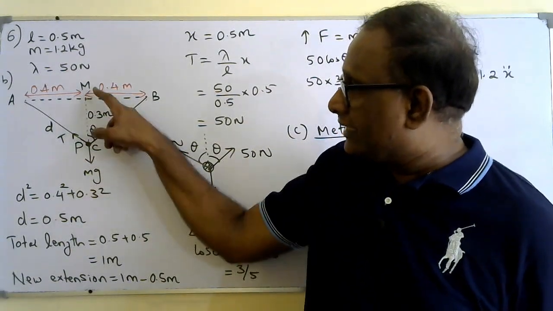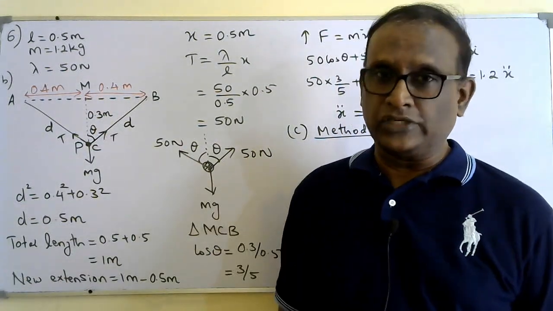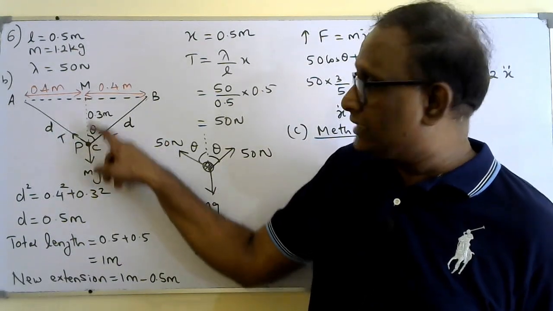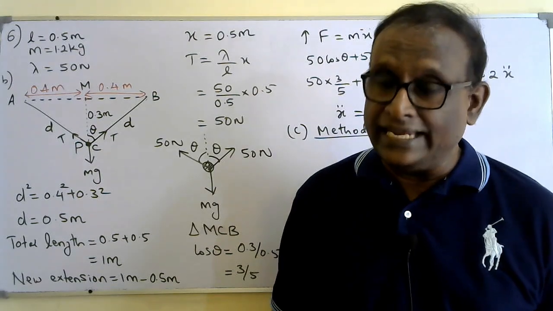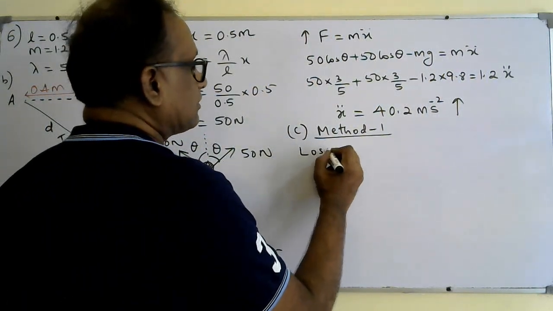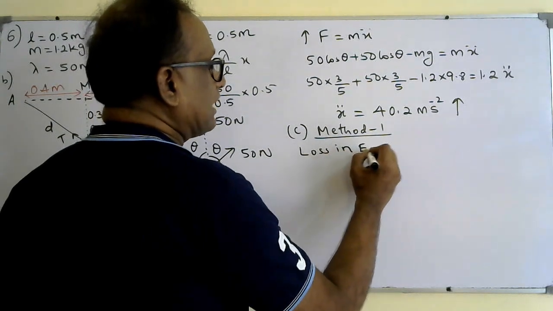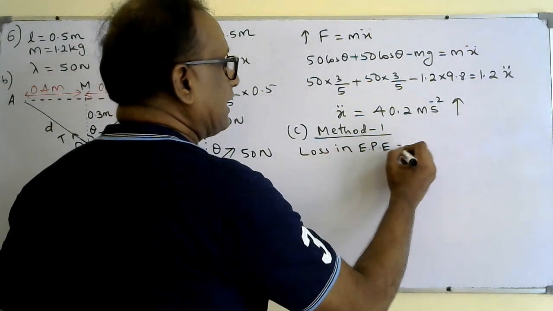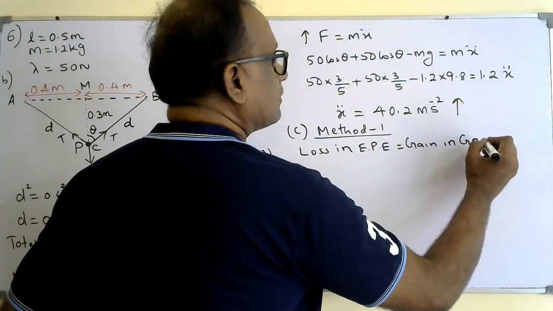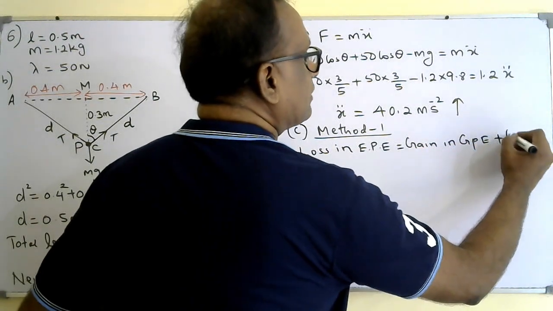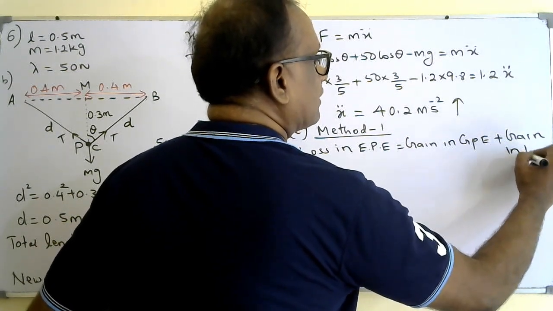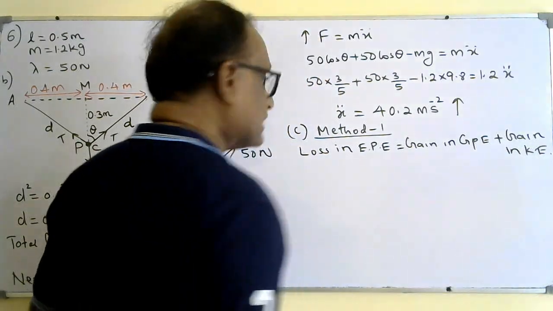The height is increasing, so it's gaining gravitational potential energy. It's released from rest, just before hitting, it has speed. So the speed is also increasing, so gaining kinetic energy. So I can write: loss in elastic potential energy equal gain in GPE plus gain in kinetic energy.